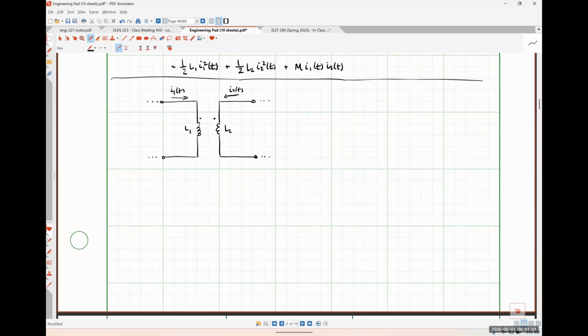This is literally what we just derived. Oh, and here's M. Then we have W total is 1/2 L1 I1 squared plus 1/2 L2 I2 squared plus M I1 I2. Okay.